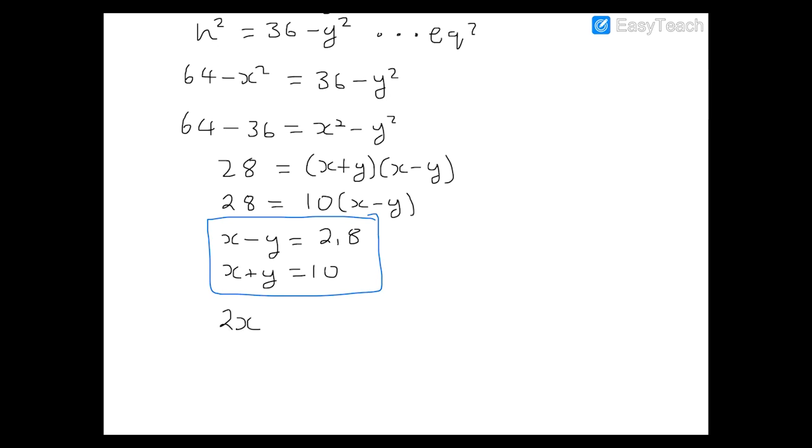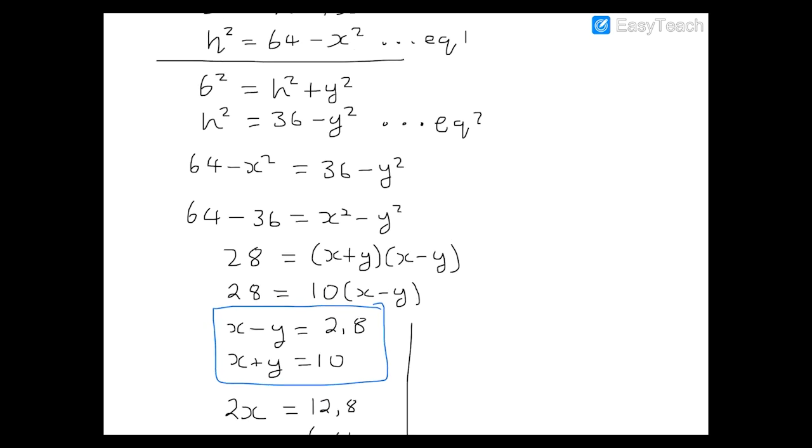Negative y plus y gives me 0. 2.8 plus 10, I get 12.8. Divide both sides by 2, then x is equal to 6.4. Now I need to go back and substitute my x to find h.